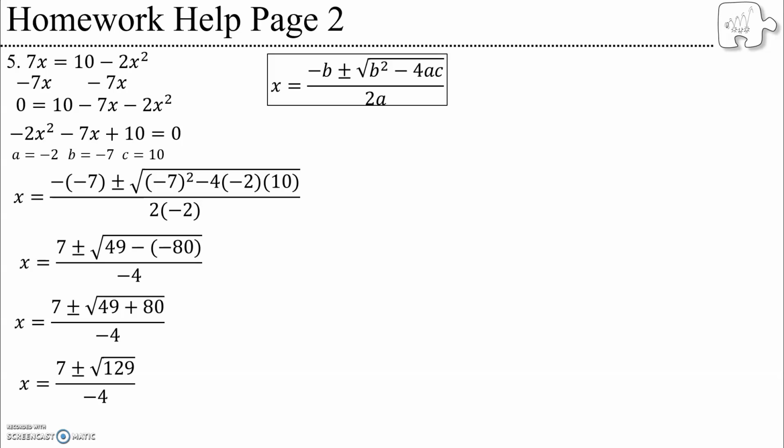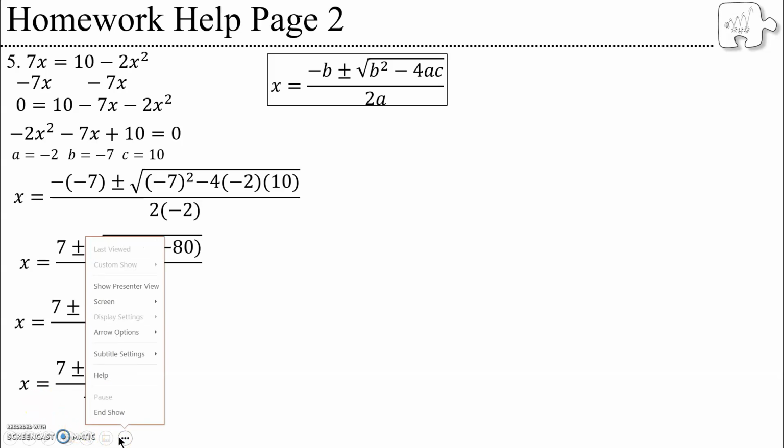If they're asking how many feet you're going to need, you don't want to say 7 plus the square root of 129 over negative 4 feet, because we don't even know what that's close to. Is that close to 5? Is that close to 3? What numbers are these close to? So we're going to have to plug it into a calculator.